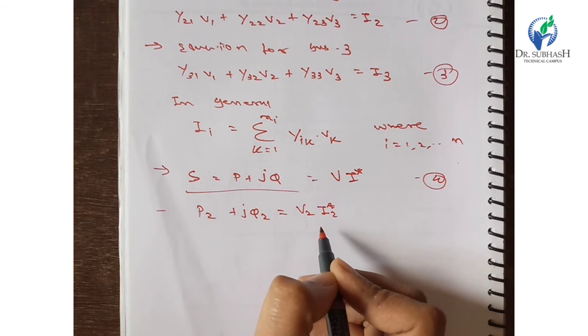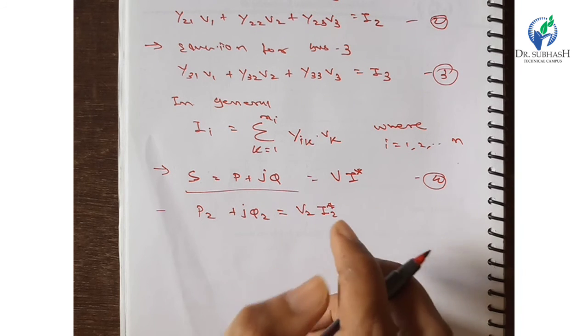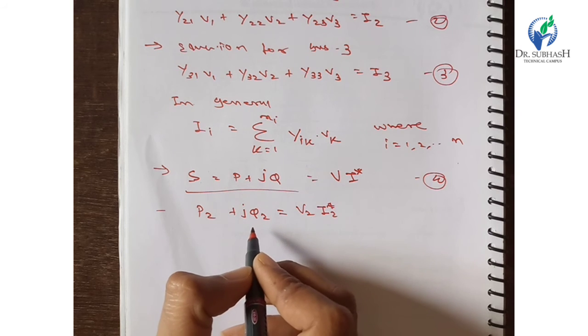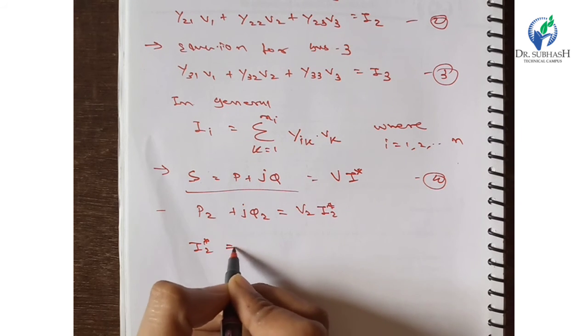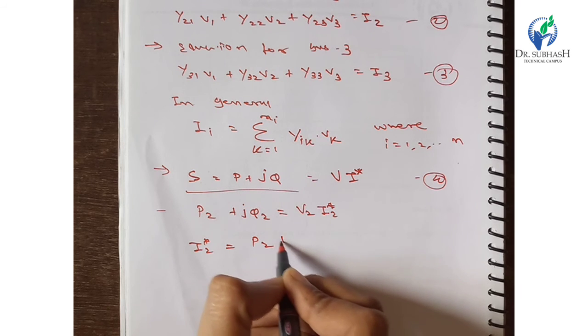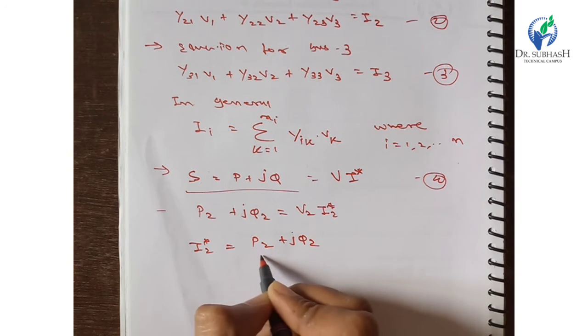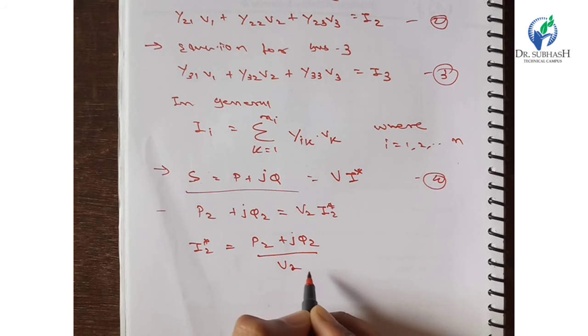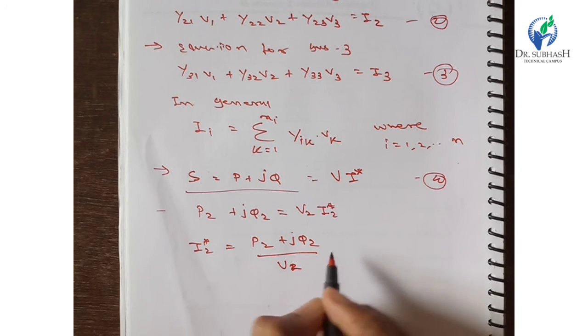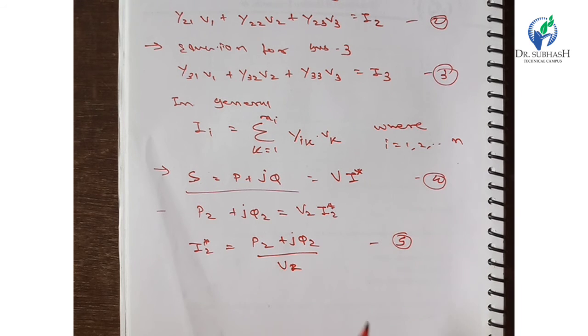It is modified for bus 2. So by using this equation we can write I2 conjugate equal to P2 plus jQ2 upon V2, equation number 5.